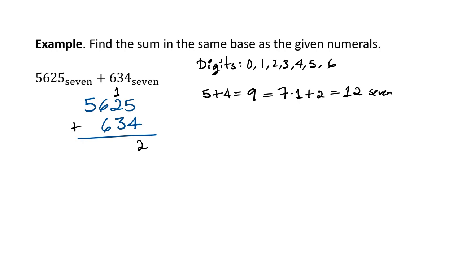1 plus 2 plus 3, which is 6. And because 6 is still a digit that is allowed in base 7, then 6 is just 6. No need to convert it. So I place it right below the column. And then I move on to the next place value. Now I'm going to add 6 plus 6, which is 12. This is bigger than 6, so I need to convert it in base 7.